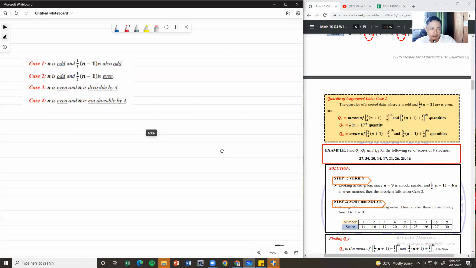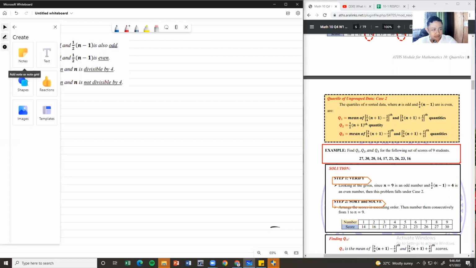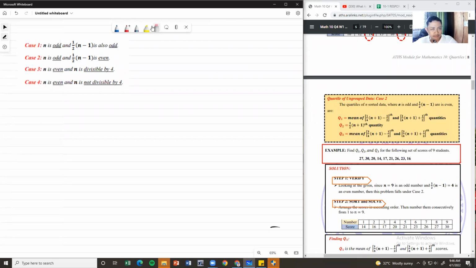I can't erase everything together at the same time. I'm just looking for the fastest way to clear all this. Why can't I clear everything? This is one of the downsides of this new version. Nevertheless, let's still continue.